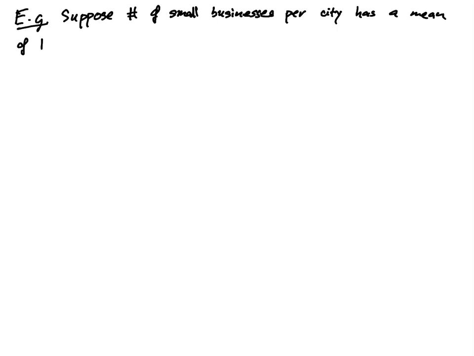Suppose that the number of small businesses per city has a mean of 12,485 and a standard deviation of 21,973.